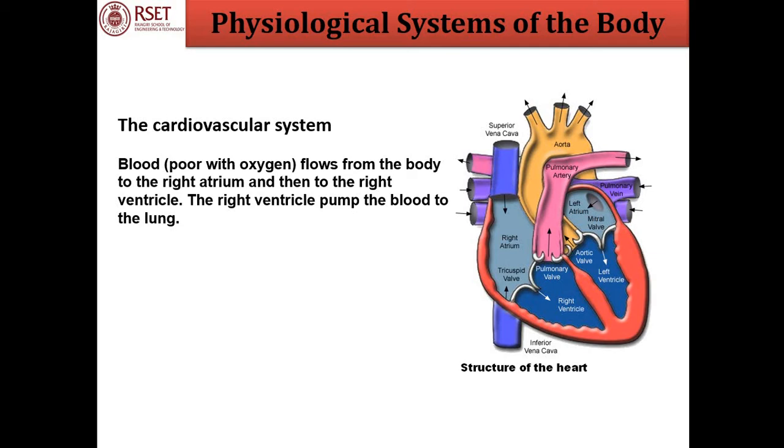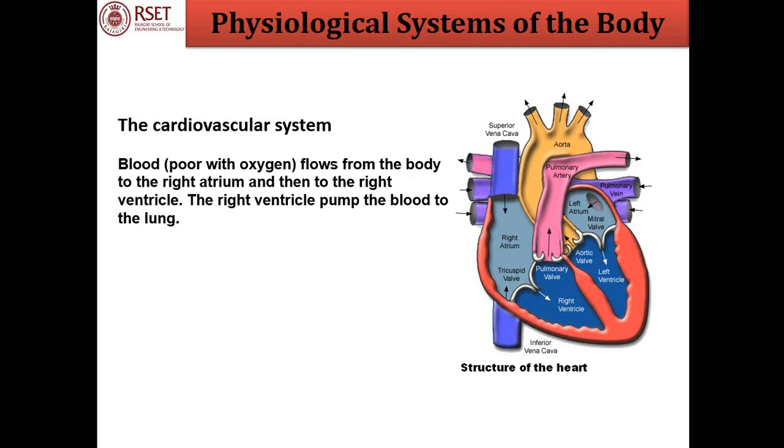So the heart actually supplies oxygen or allows the pumping of blood to various parts of the body for all the metabolic activities from the left ventricle through the aorta.